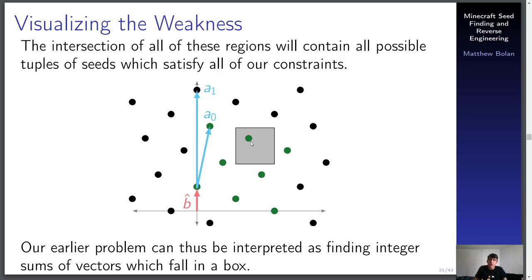So that means that our earlier problem, all that algebra, all that yucky math we had to do to get here, can be interpreted entirely geometrically: find some integer sums of vectors which fall inside some box.